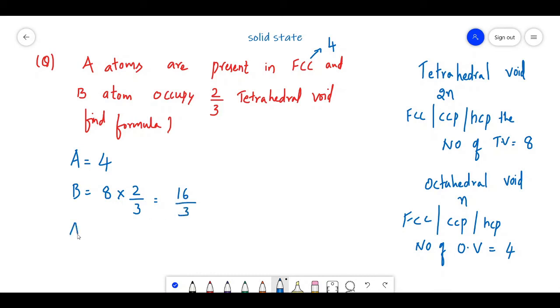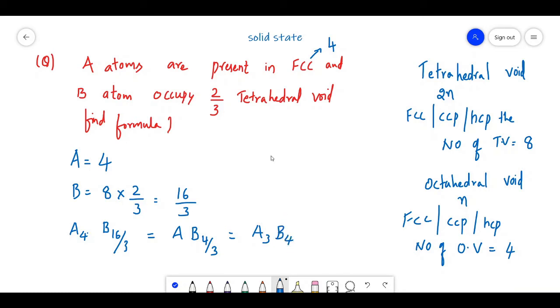So if you write the formula, it is A4 B16 by 3. So you can also take this 4 as common one time and this 4 by 3, and we can also write this formula as A3 B4.